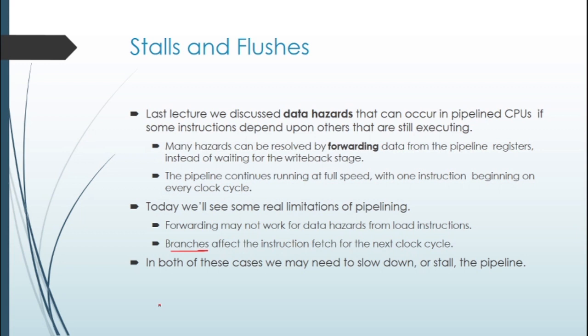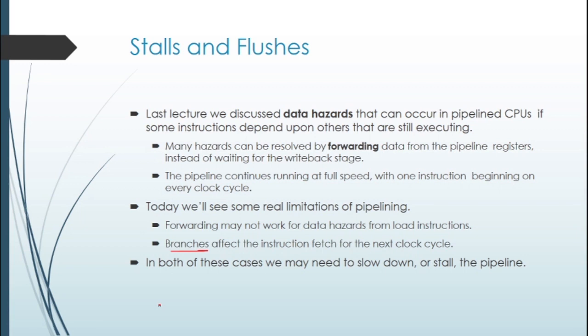We stop the pipeline in case of a specific hazard which cannot be resolved by forwarding. We have to insert a full clock cycle delay, so that the data is ready by the time it is required. So stalling is basically inserting a delay or bubble in the pipeline.